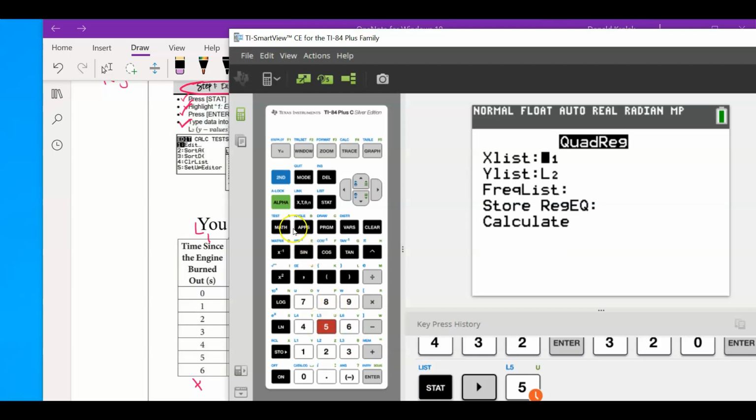Now it's going to ask me which list is your X. On mine, it's already highlighted as L1. And then it says, okay, where's your Y list? Well, we put our Y list under L2.